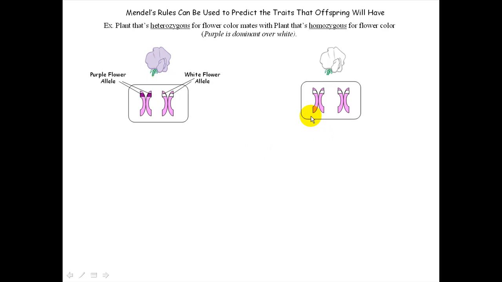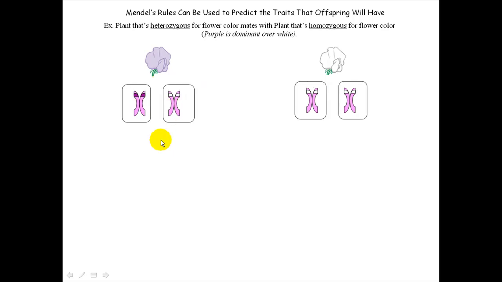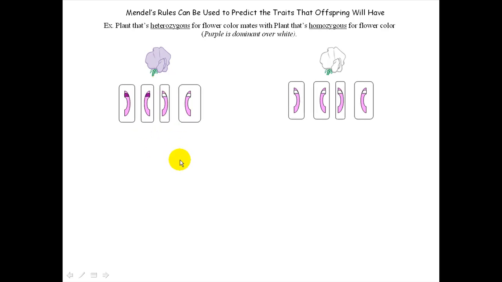So if you know this, now you can figure out what the gametes of these two plants will look like. Say that this is a germ cell from this plant. In order for this plant to make gametes, its germ cell is going to have to undergo meiosis. Remember that during meiosis, the homologous chromosomes become separated during meiosis 1, and then during meiosis 2, the sister chromatids end up getting pulled apart.